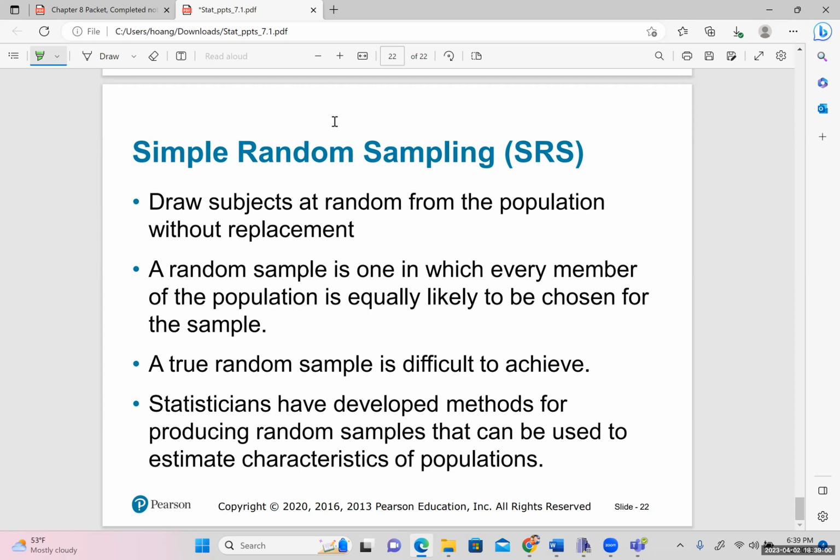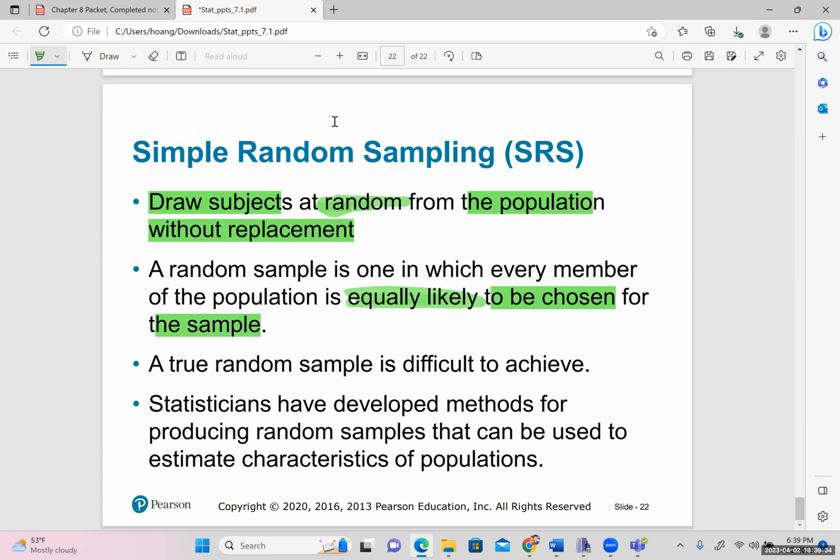What we do is draw a subject at random from the population without replacement. A random sample is one in which every member of the population is equally likely to be chosen for the sample.